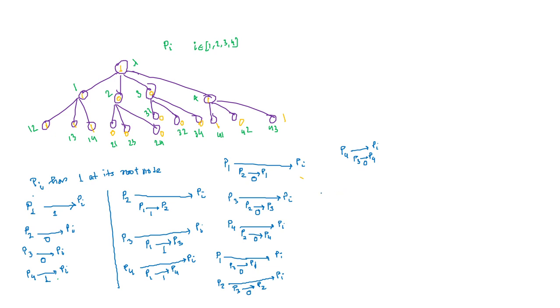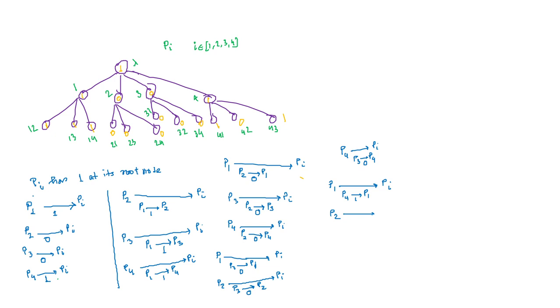Okay. Now coming to here. Here P1 tells P1 that P4 sent P1 a value 1 in round 1.